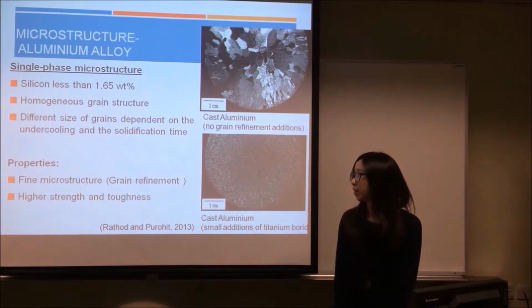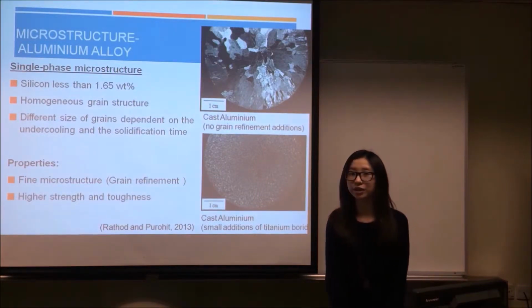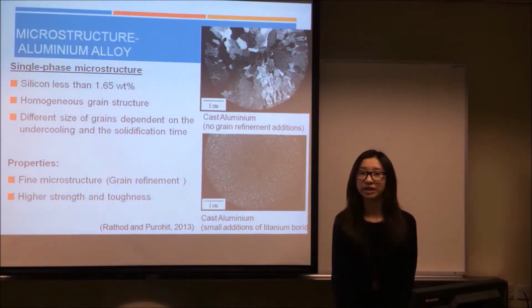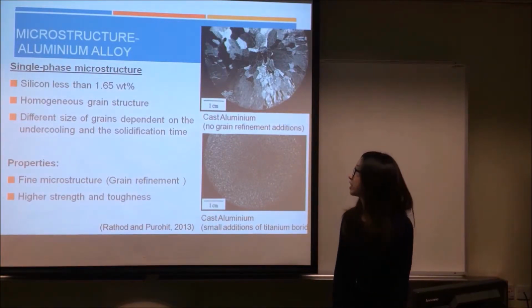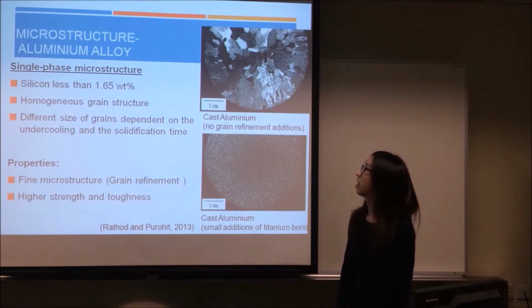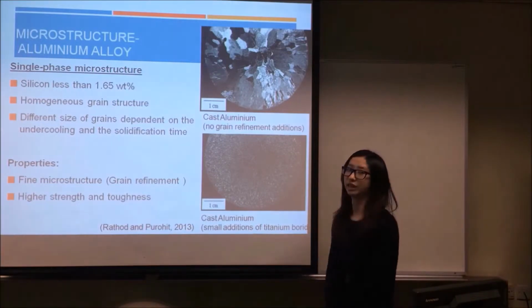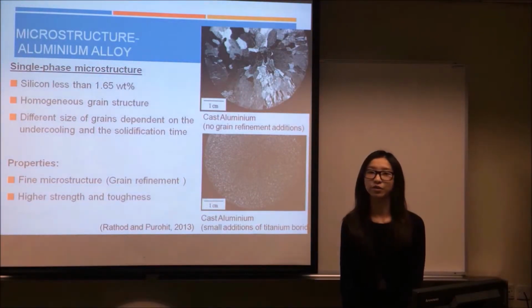With grain refinement, a fine microstructure can be attained, and with a fine microstructure, higher strength and toughness can result. The above micrograph shows a larger grain size, and the below one is the fine grain size microstructure.